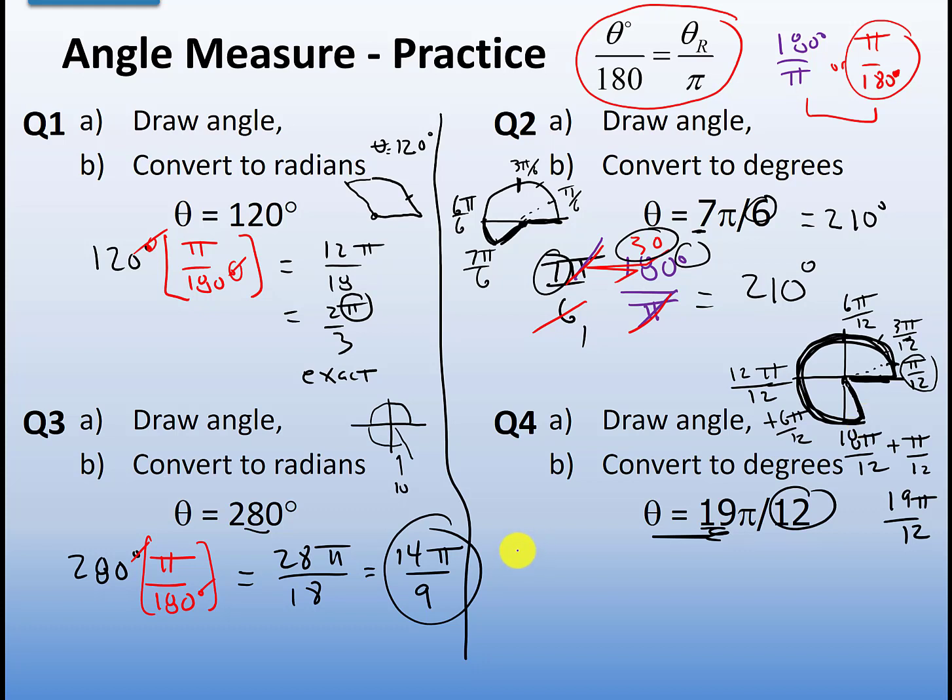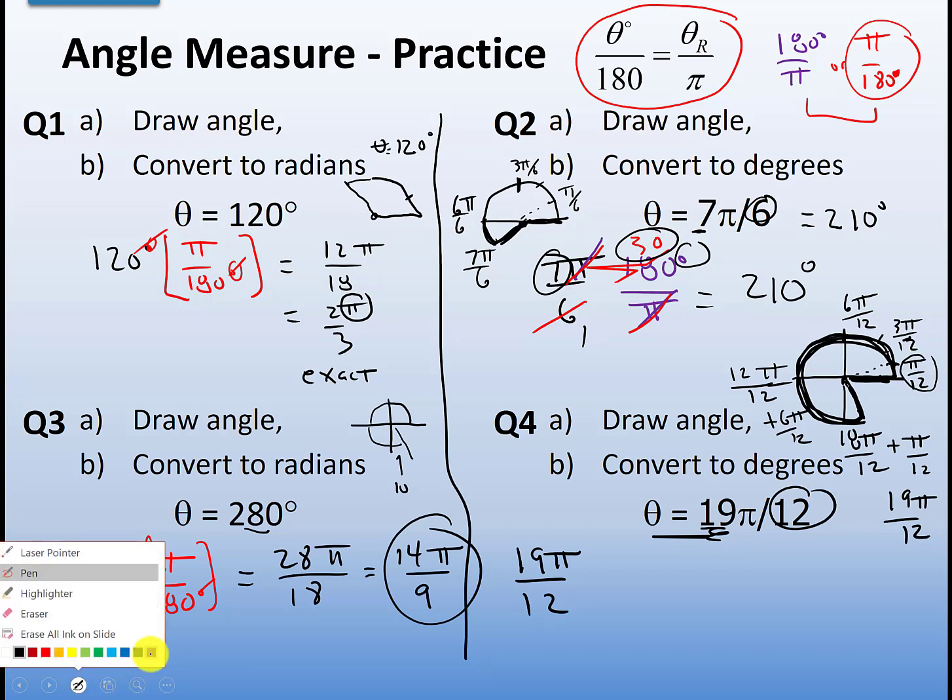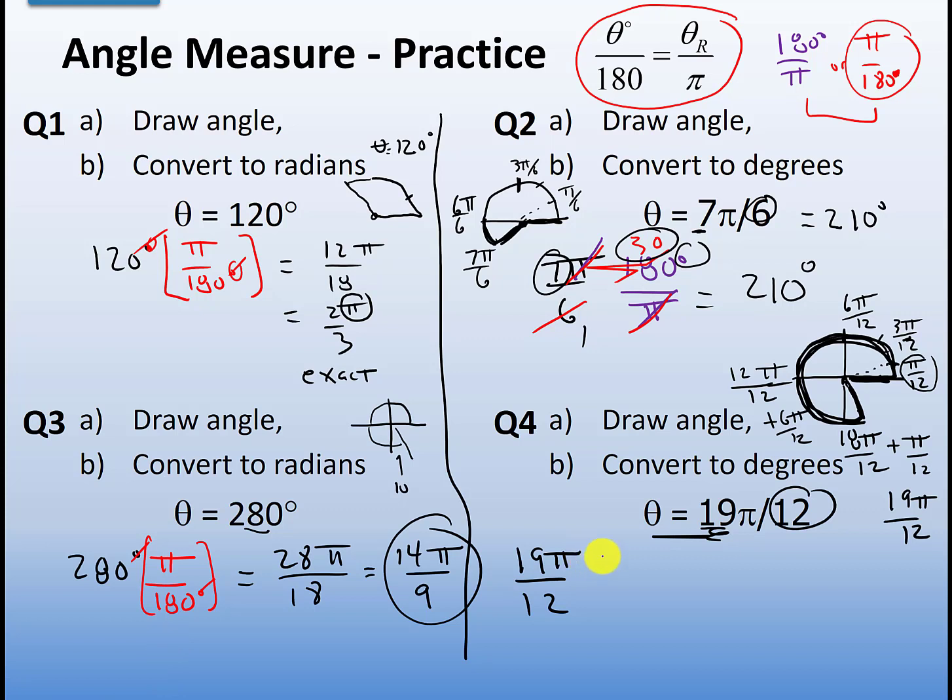Let's convert it. Lastly, 19 pi over 12. And I want the radians to go away and have degrees left. Well, that would be the purple one again. And I'm just going to do some fraction math here. And I can see that the pi's cancel.